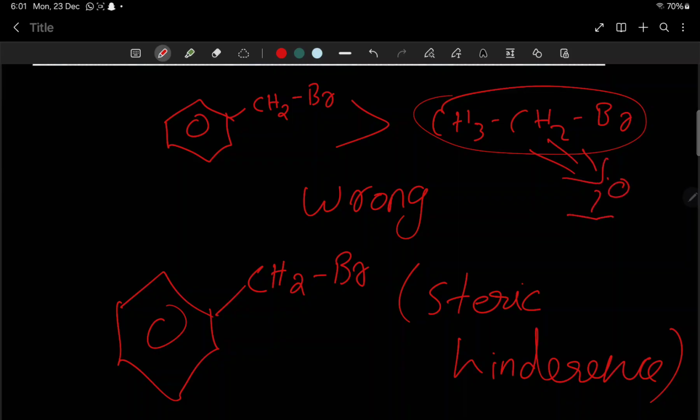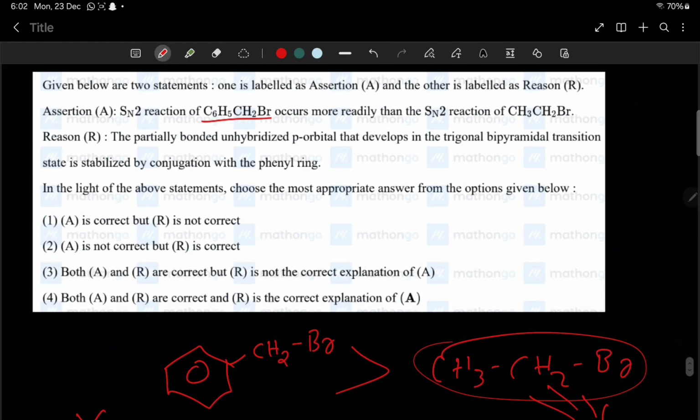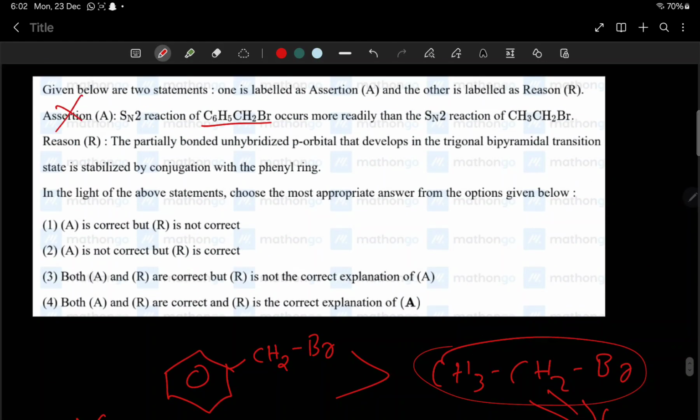Primary, so stability is very high and less steric factor. Steric means lesser interruptions, because this is a very simple compound. There are not many substituent groups. But here, look, a very big benzene is standing here. It's very difficult for a nucleophile to come from the back side and join during the transition state. So really, the first statement is wrong. It's really the opposite way.